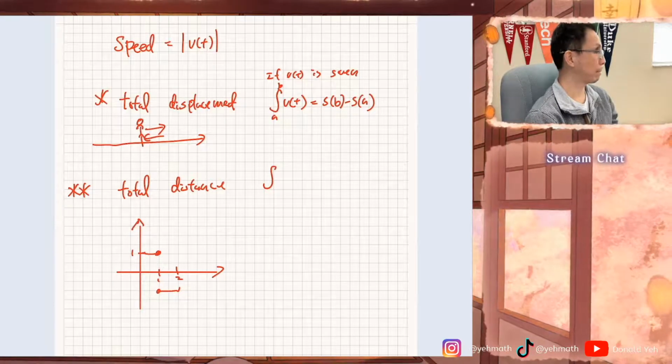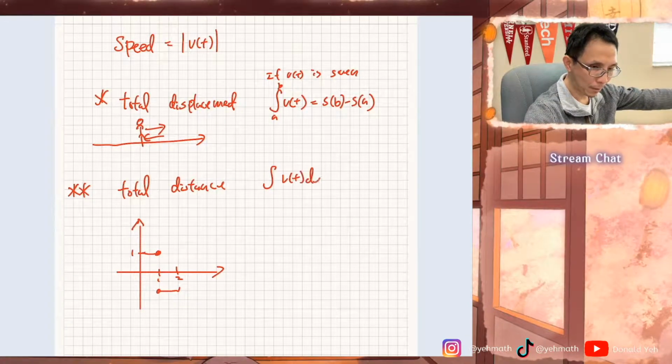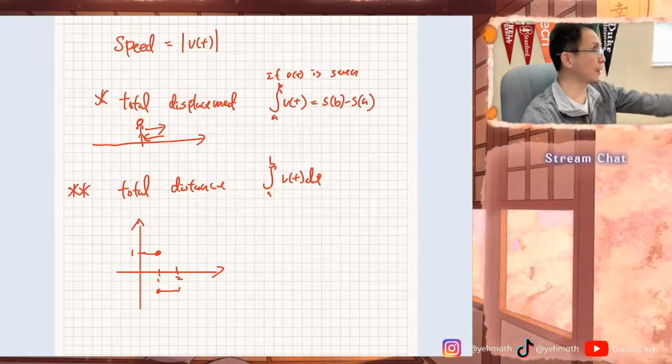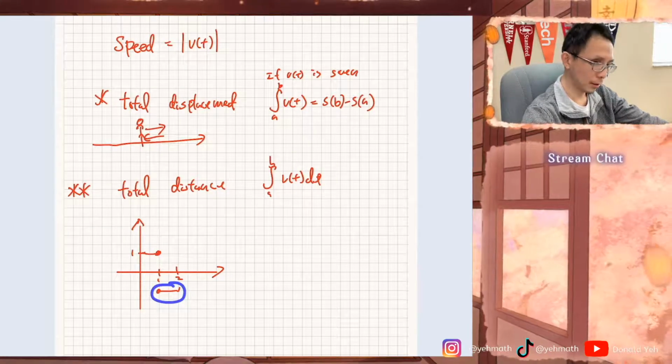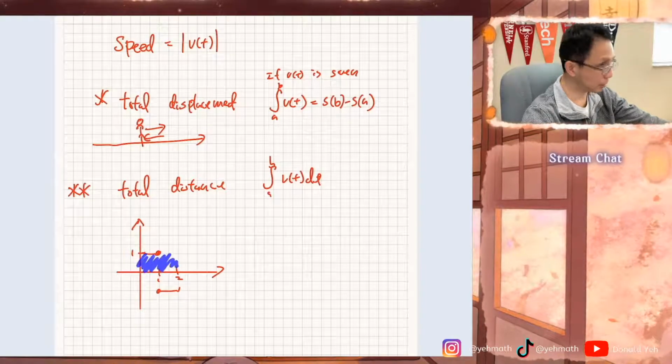There you go. Why? Because if I take the absolute value of velocity, what happened to this line? It becomes positive, right? So then it becomes 2.